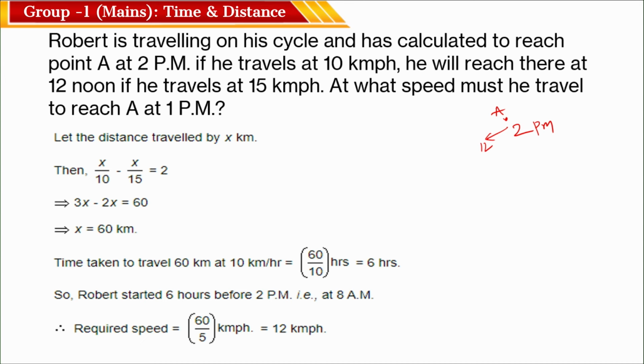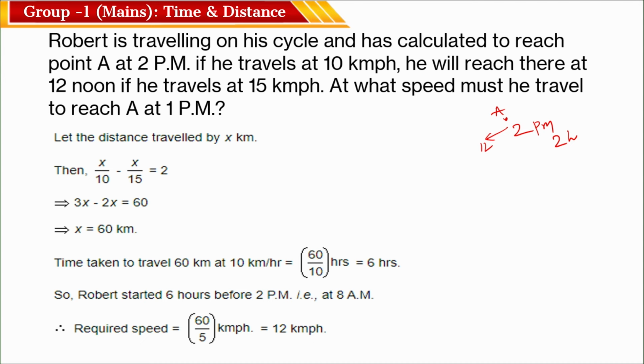When his speed is 10 kilometers per hour, he reaches point A at 2 p.m. When he increases speed to 15 kilometers per hour, he reaches point A at 12 noon. The difference between 12 noon and 2 p.m. is 2 hours, correct?